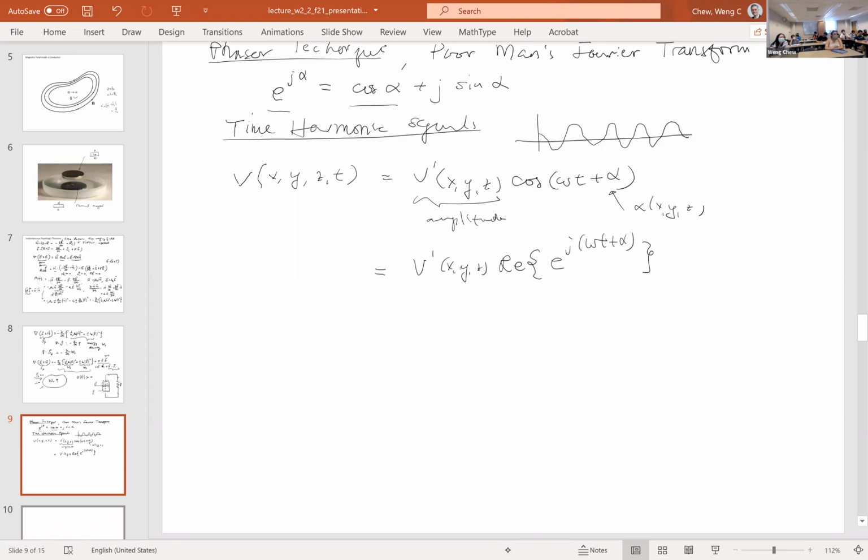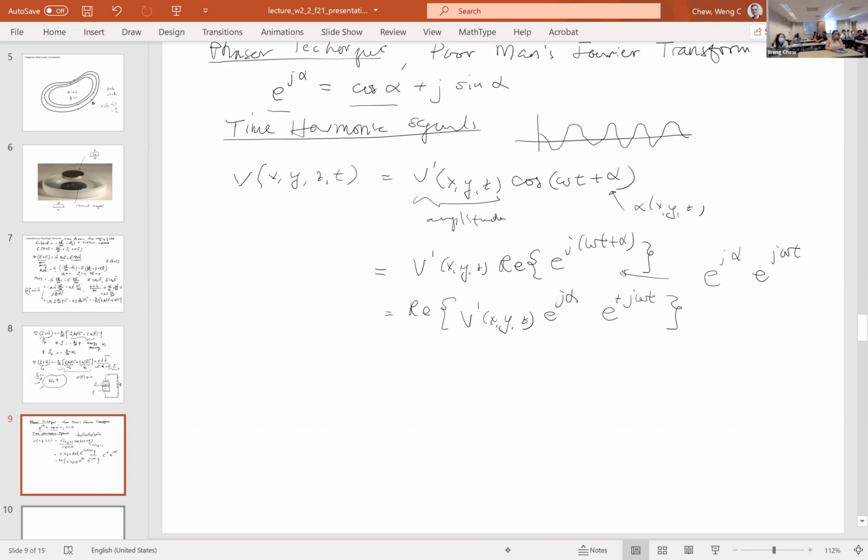So I replace the cosine with just the real part of the exponential function. And then I can write this more compactly by taking the real part outside and rewriting this part as e to the j alpha times e to the j omega t. And then regroup this and write it as V prime of x, y, z, e to the j alpha times e to the plus j omega t.